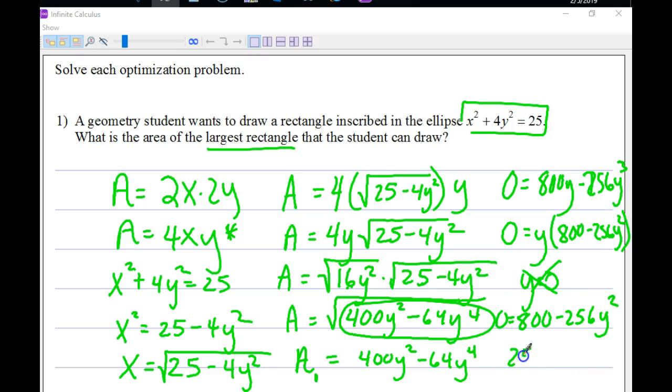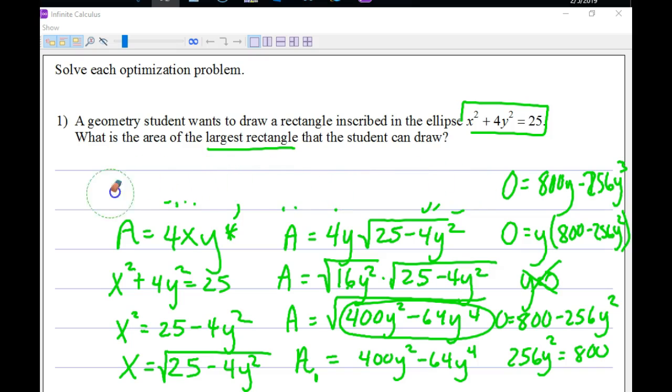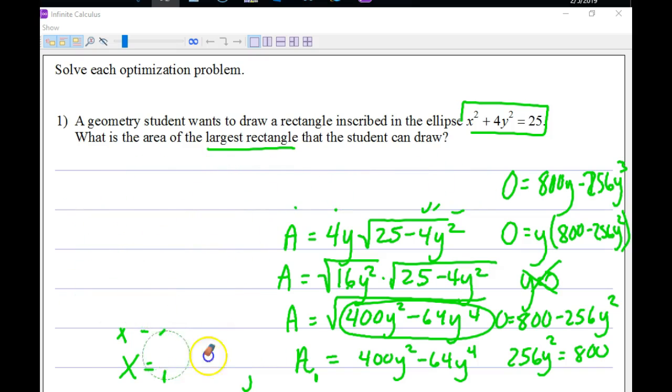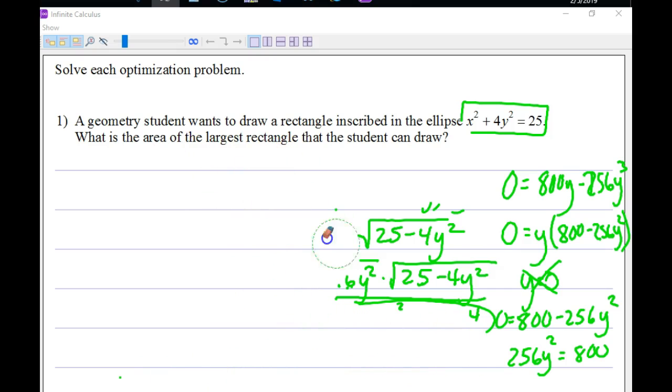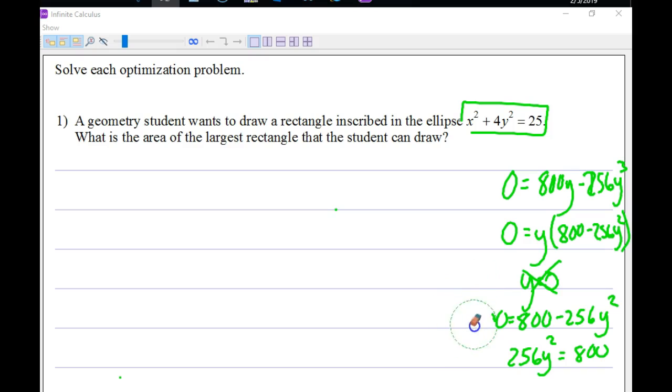Add the 256 to the other side. Divide both sides. I think I'm going to get away from using fractions. I'm just going to go ahead and use my calculator and start getting some decimals here. So if I divide 800 by 256, I get 3.125.